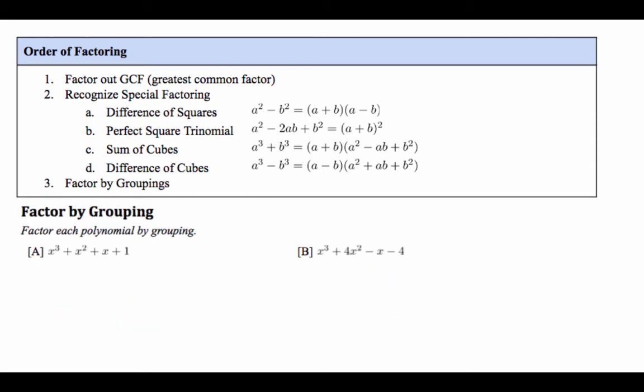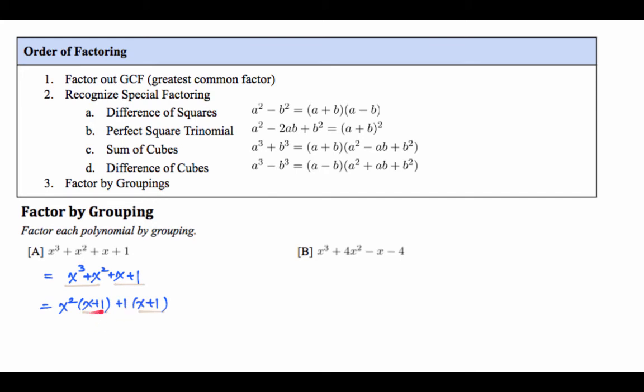Last but not least, factor by grouping. When you do that, generally speaking, grouping the first two and the last two should work. In some cases, you have to mess around a bit. It could be the first and the third or the first and the fourth, okay? In this case, the first two look fine. And what do these two have in common? x squared, right? And then x plus 1 has 1 in front.